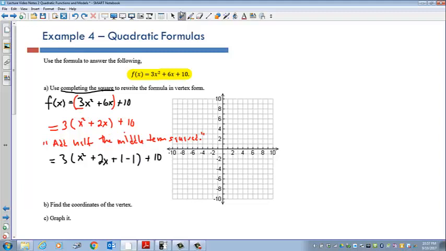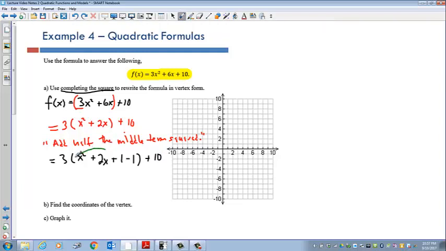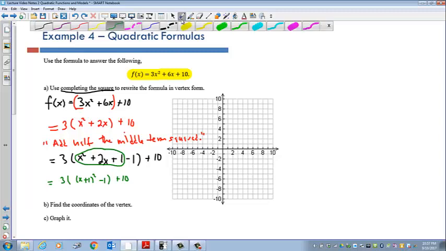And again, why do we do this? The reason we do this is because this thing right here should be a complete square. So we can rewrite this as 3 times x plus 1, quantity squared, with a minus 1 in parentheses, and a plus 10. And then finally we can multiply through by this 3 and get what?